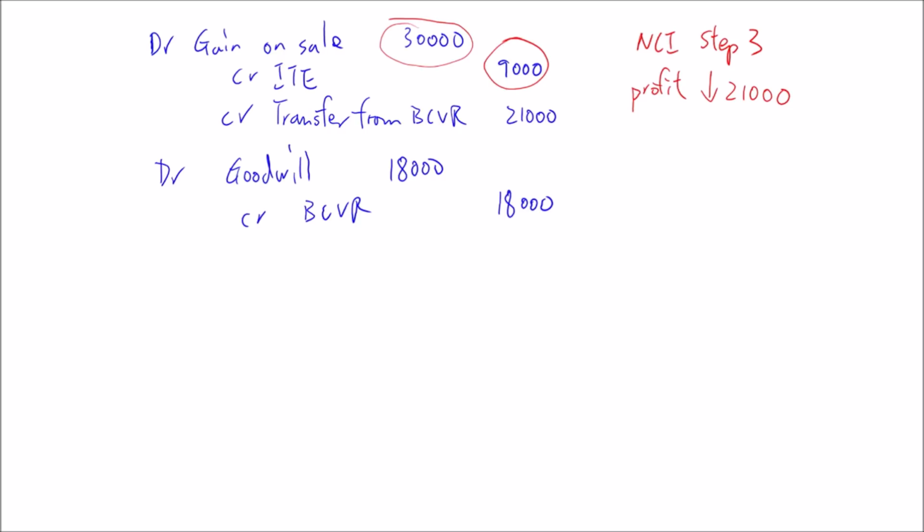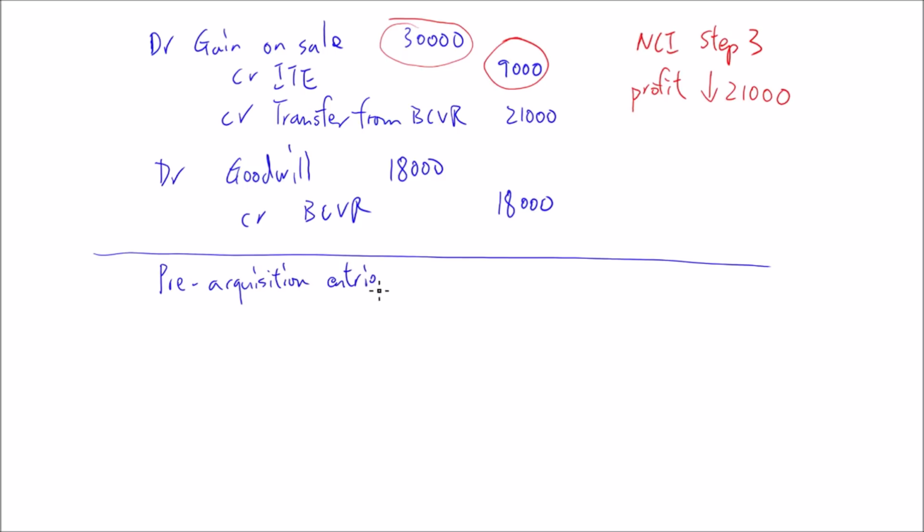The next part is going to be pre-acquisition entry. So with pre-acquisition entry, we want to eliminate the parent share of the net fair value, the pre-acquisition equity, against the investment by them. So again, we're going to go back to the original question.